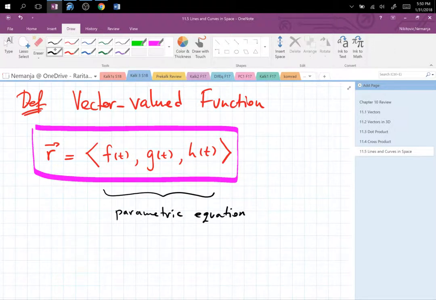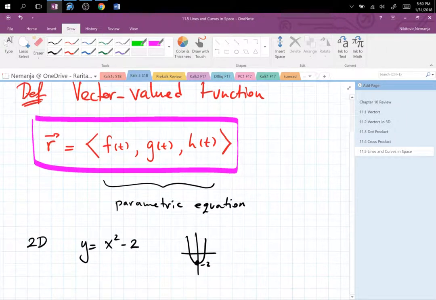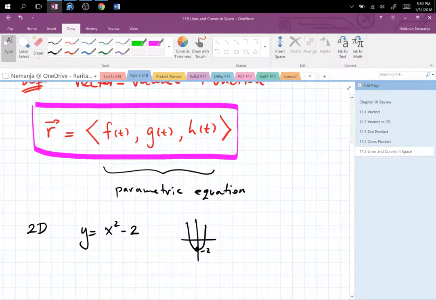So for the 2D case, if we go back to 2D, when I say y is equal to, let's say, x squared minus 2, you remember that there is an associated graph, in this case going to negative 2, and you are able to find points on this curve which are locations where you could potentially be.